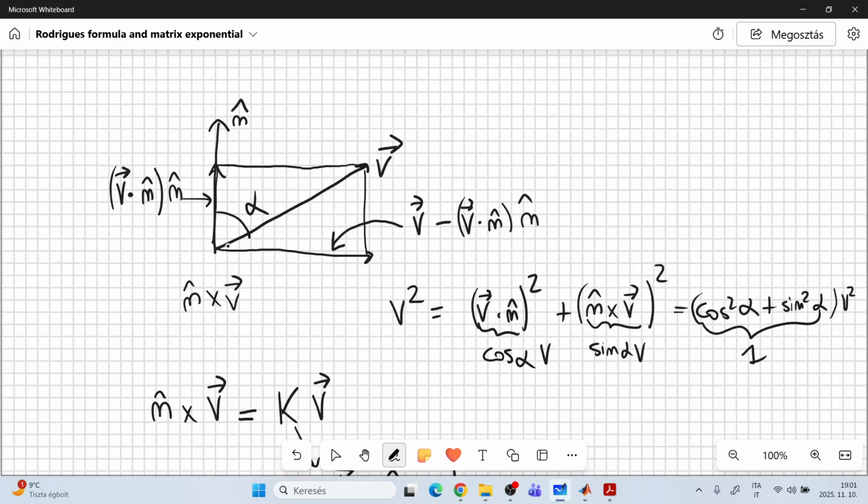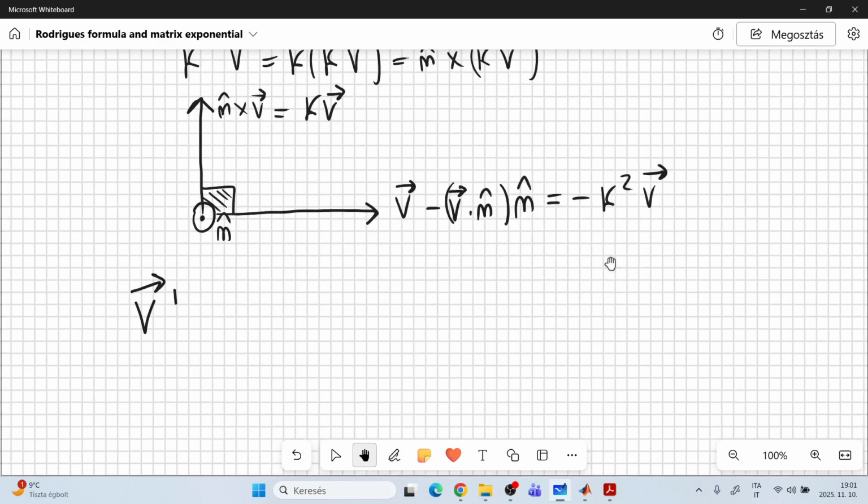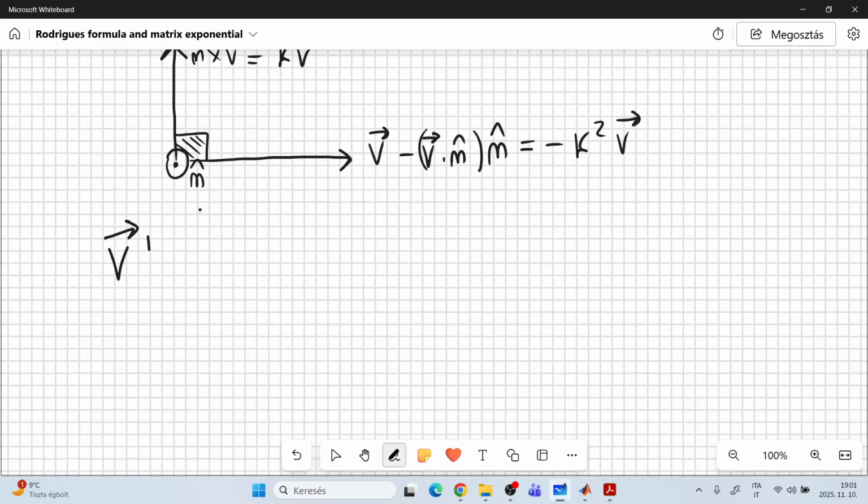And the angle theta is an angle defined on the plane of the perpendicular projection. So v prime can be written as, we know that we are not going to rotate the part parallel to n. So this part here is parallel to n, and it will remain unchanged.